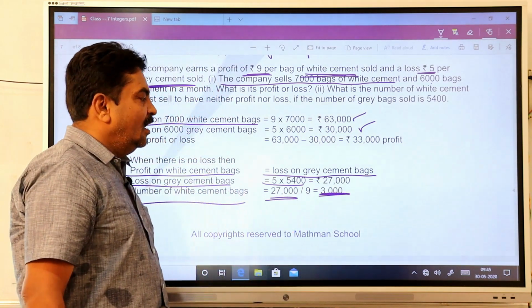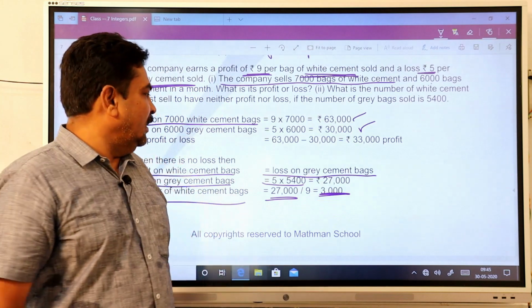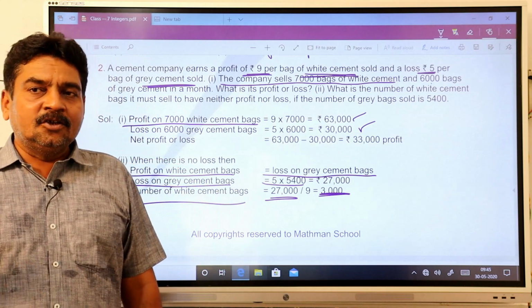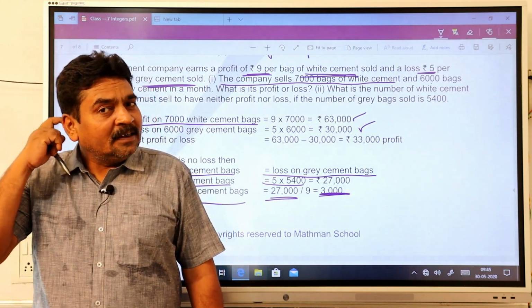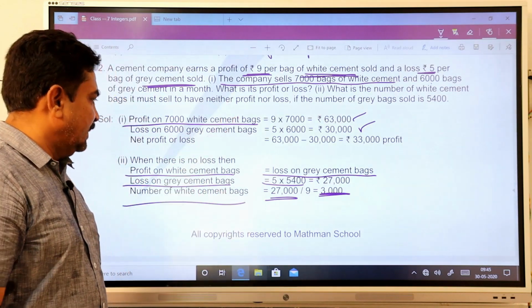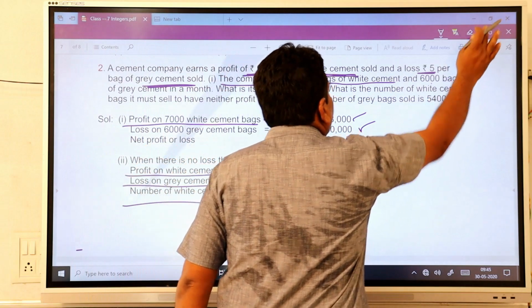So they should sell 3,000 bags of white cement and 5,400 bags of grey cement to get neither profit nor loss in their business. So this is your answer. Let's go to the next one.